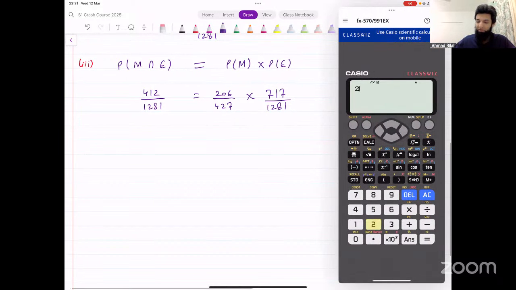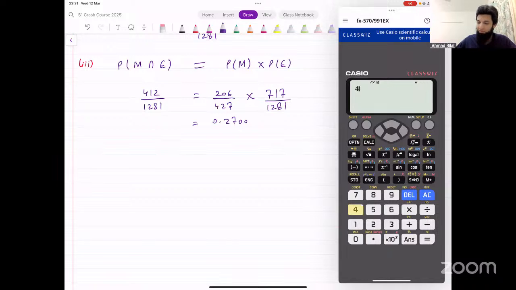Let's simplify the right-hand side: 206 divided by 427 times 717 divided by 1281. That gives me the decimal 0.2700.